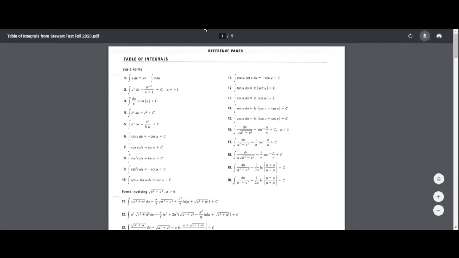Okay, all right, excellent. It is in your ebook also, but it's easier to just give you the file.